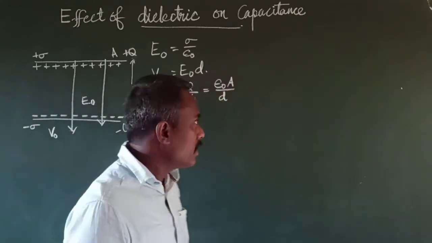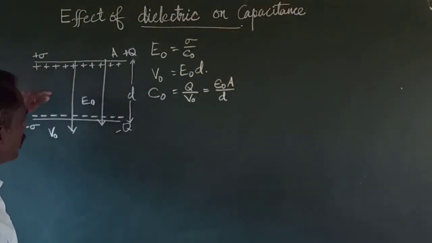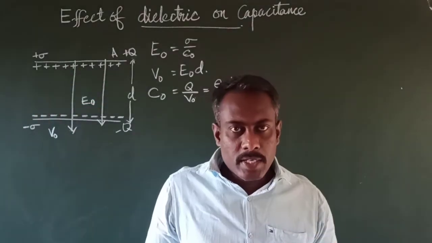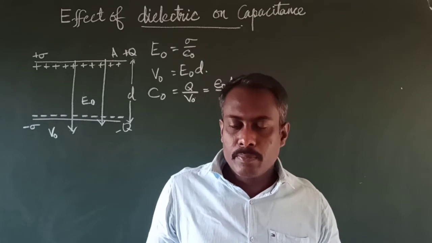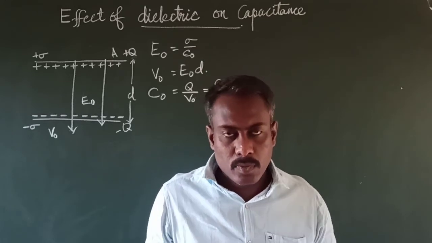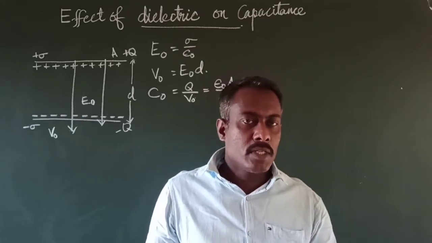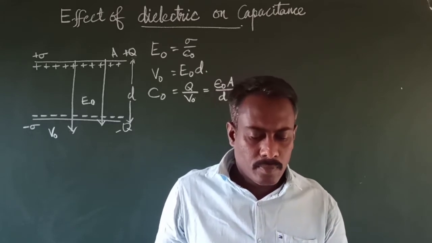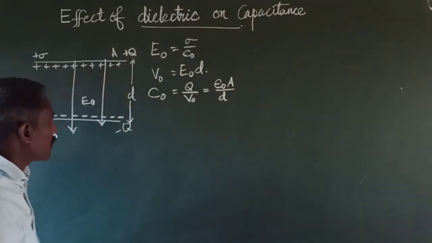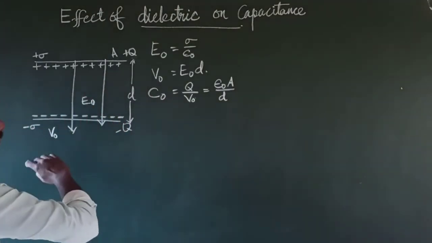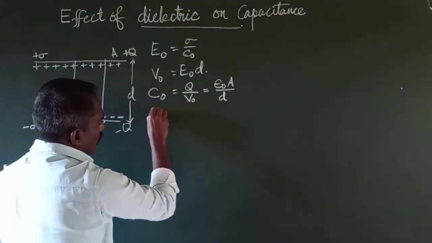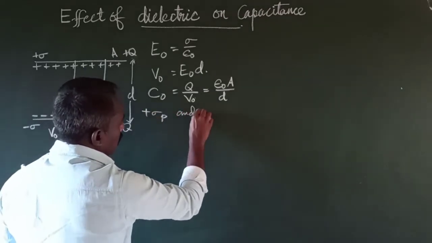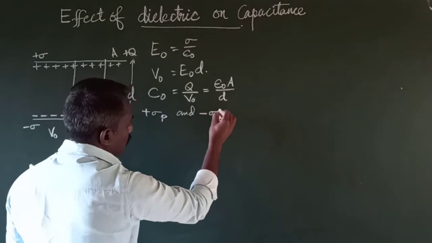When it is inserted between these two plates, what will happen? The dielectric will be polarized due to the field present in that region, and the effect is equivalent to two charge sheets with surface charge densities plus sigma polarized and minus sigma polarized.